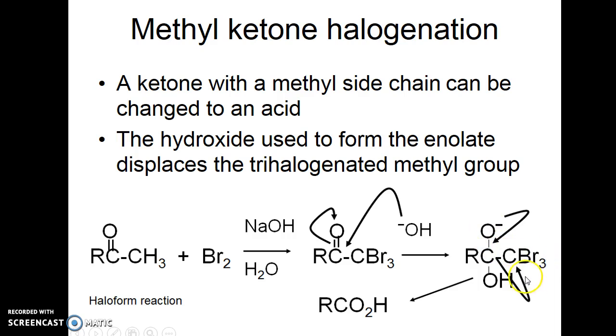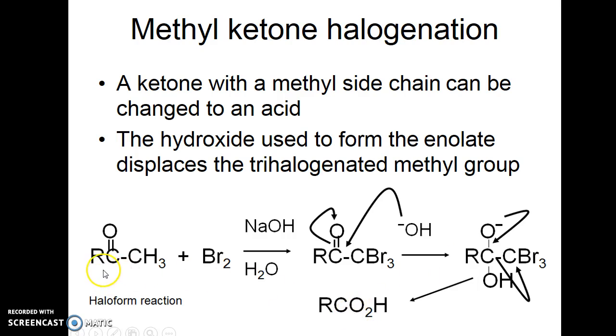And look over here, you could have hydroxide eliminate, or you can have this tribromomethyl anion eliminate. That tribromomethyl anion is very stabilized by those three bromines, and so it's an excellent leaving group, and it leaves preferentially, and you end up getting the carboxylic acid.